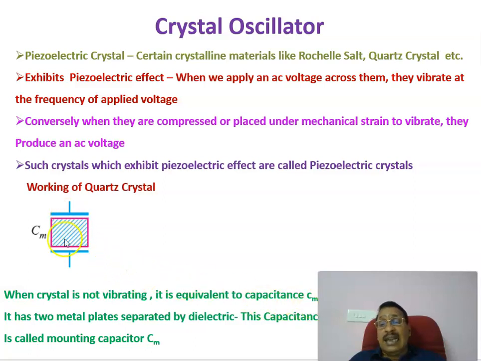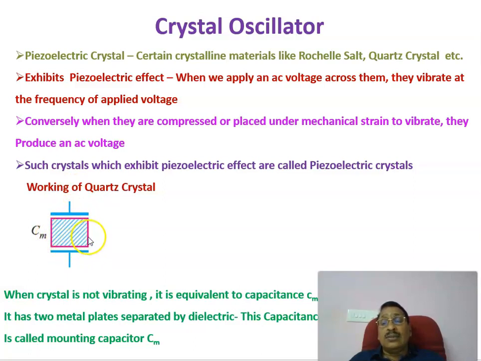That is, the crystal can be considered as an equivalent circuit, a capacitor Cm. It has two metal plates separated by a dielectric, and this capacitance is called the mounting capacitance Cm. So the quartz crystal can be considered as a mounting capacitor Cm, with two plates in between which is insulating.